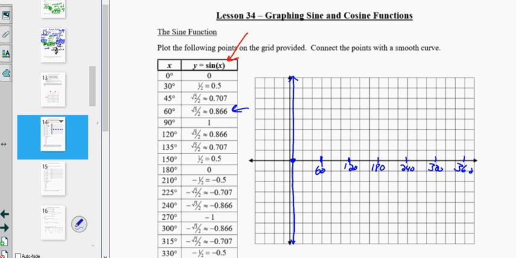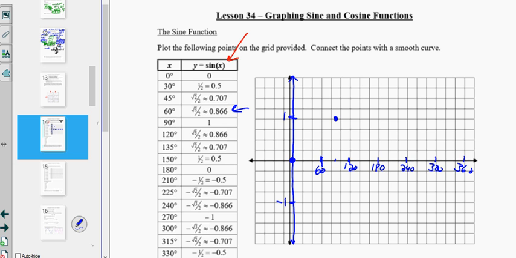And then I'll make 4 of them up. I'll make that 1, and then 1, 2, 3, 4 down. I'll make that -1. So what I'm expecting here is that this thing's going to start right at the origin, and then at 90, so 90's about there, it should be at 1. At 90 degrees, sine should be at 1.